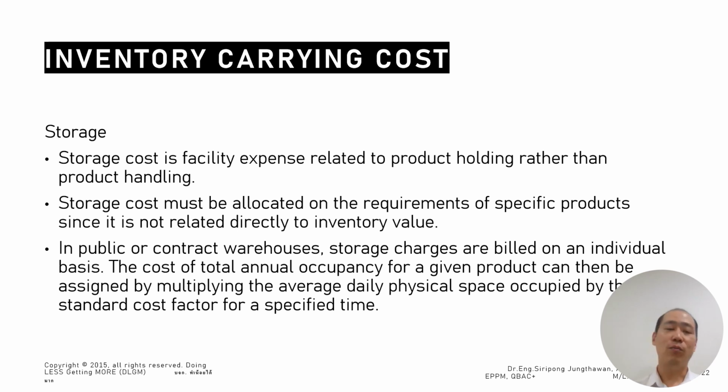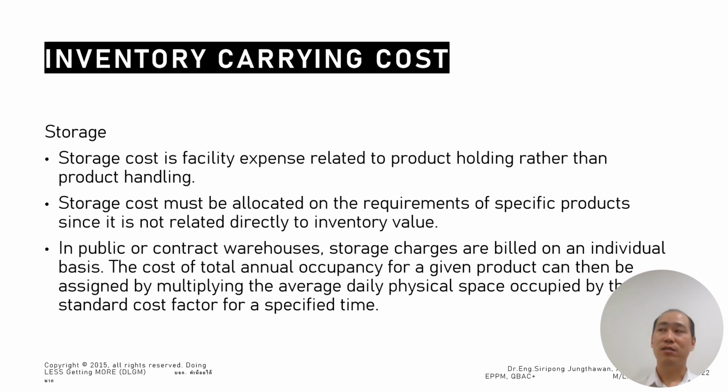In Thailand, you have to pay about 200 baht per square meter per month.